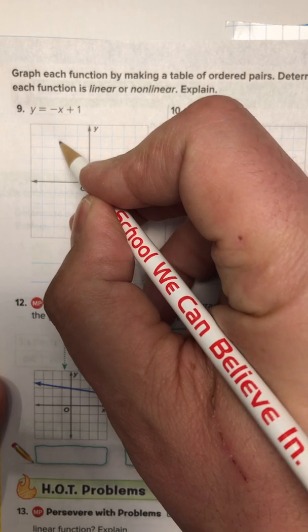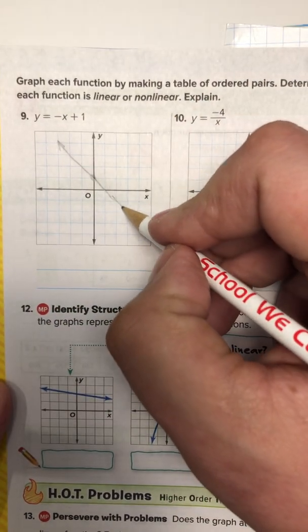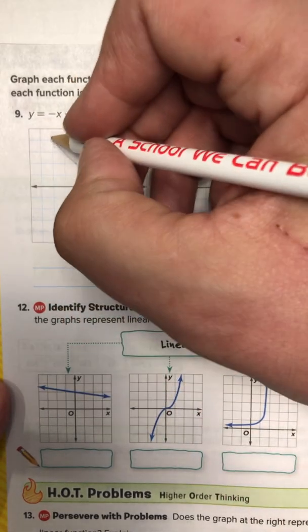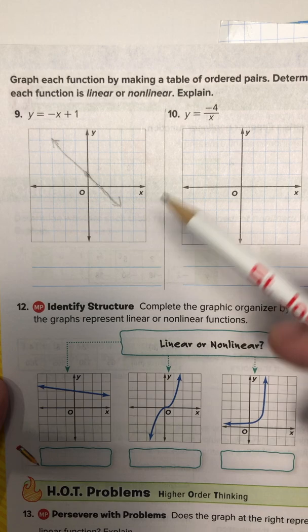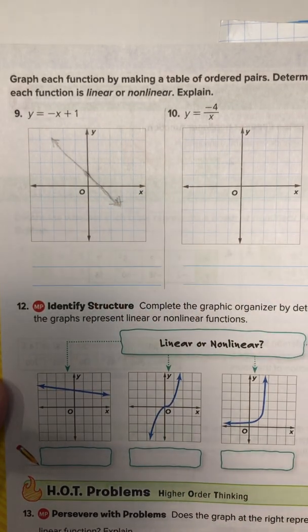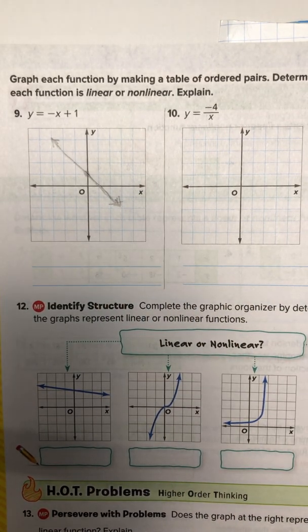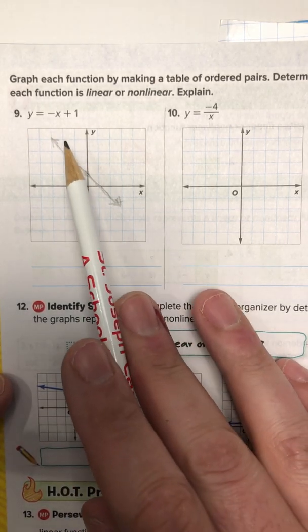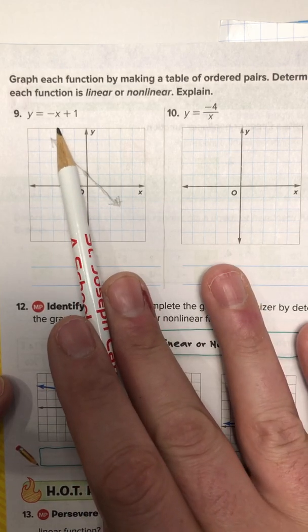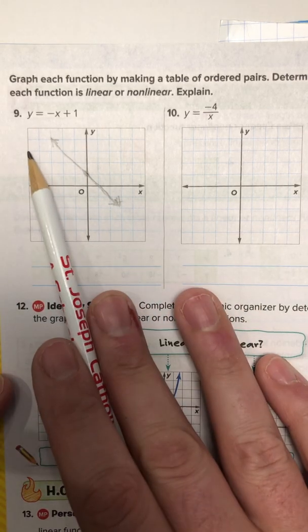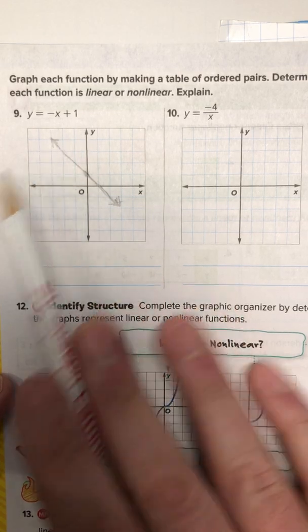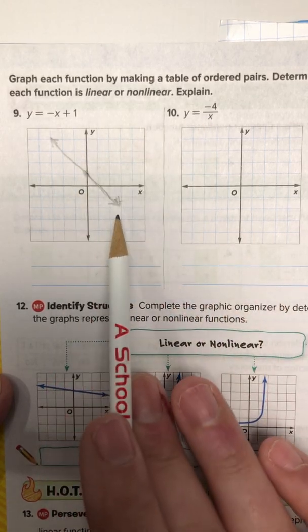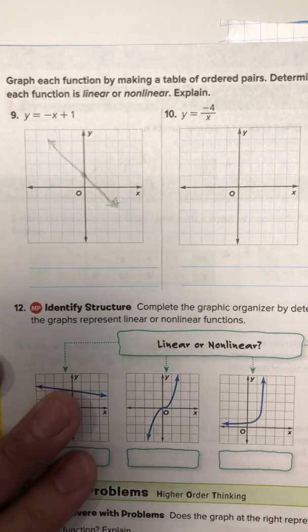You could absolutely make a table for this to determine what each input output is, considering it's a function. But I can also look at it and say, hey, it sure does look like y is equal to mx plus b, which is a linear line. So it's linear. Why is it linear? It's a straight line. Bam. Not a whole lot goes into it.